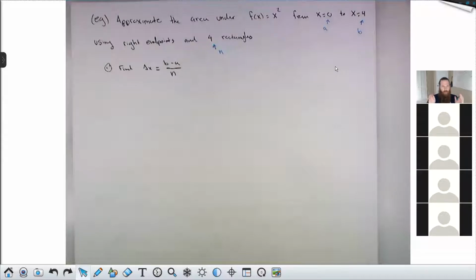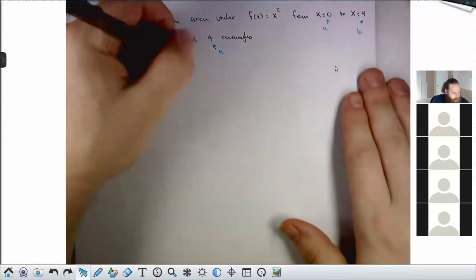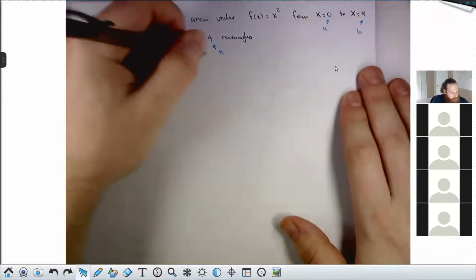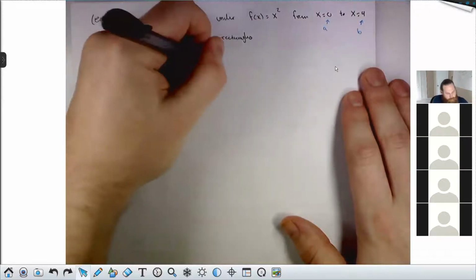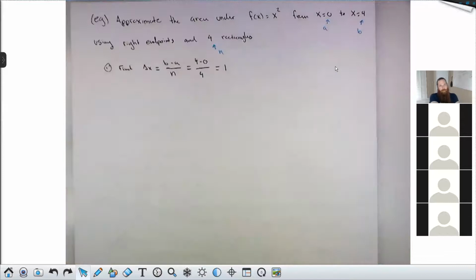A and b are the x values that you're trying to find the area between. N is the number of rectangles you're using in your approximation. So this would be 4 minus 0 over 4, which is 1. And I'm definitely doing that on purpose to make things nice.